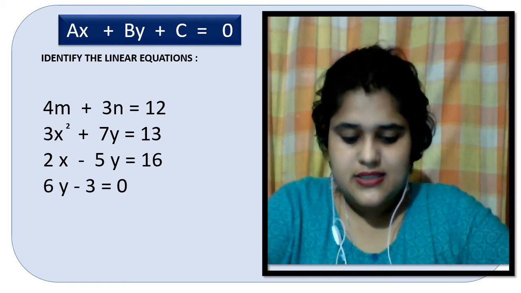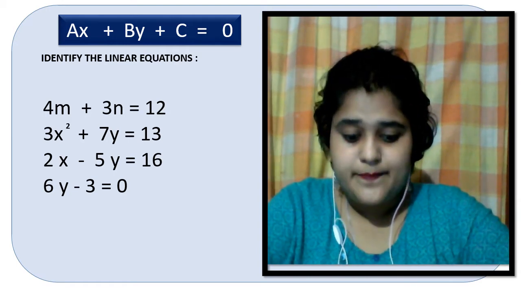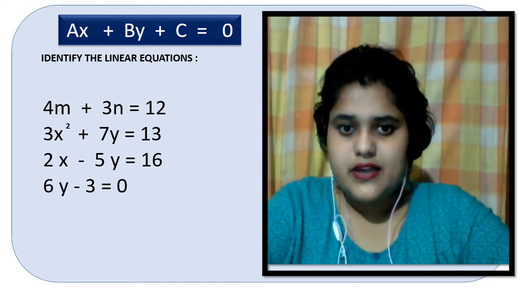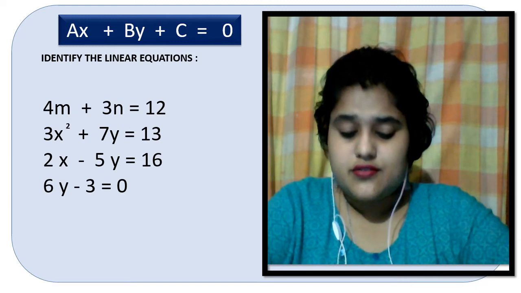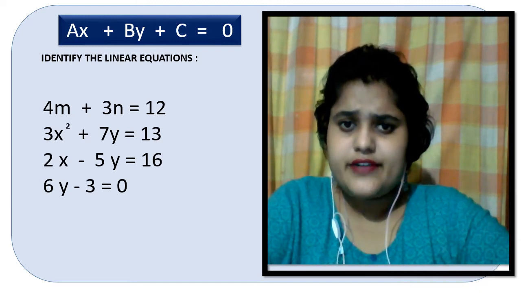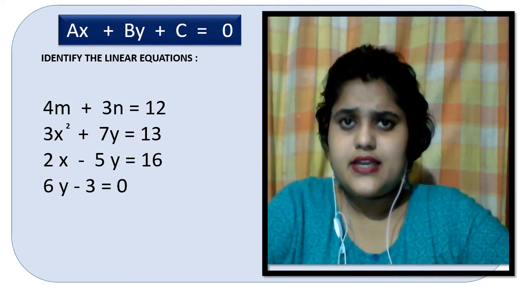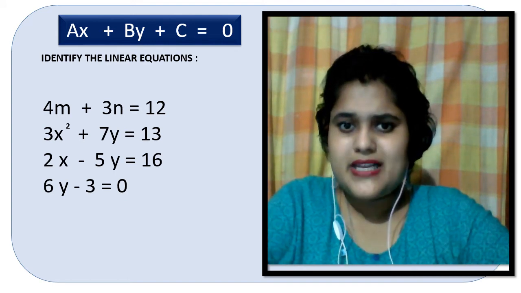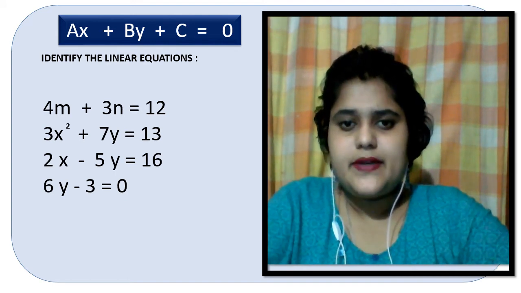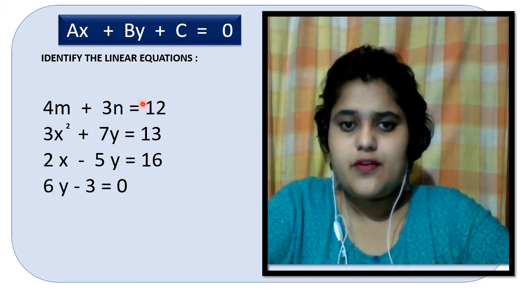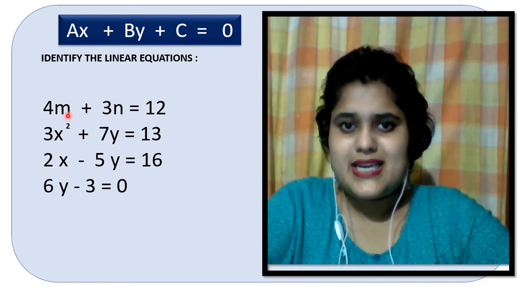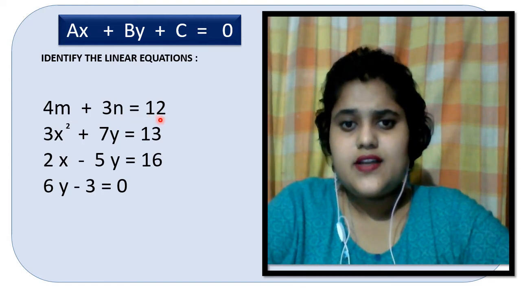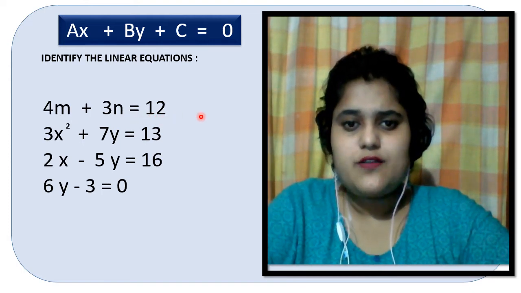If 12 is on the right hand side, we can take it to the left hand side and it will become minus 12. The equation will be 4m plus 3n minus 12 is equal to 0. Nothing is on the right hand side, so it will be 0 there.